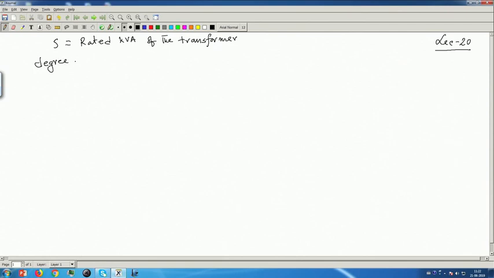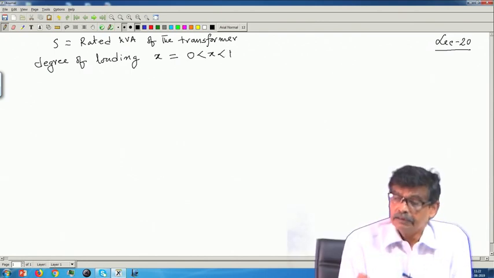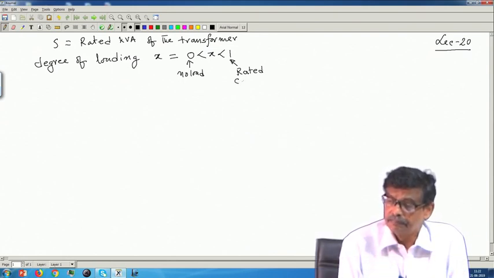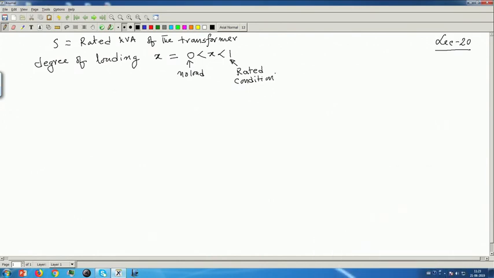I represented it by a factor x, whose value normally will be between 0 and 1. 0 corresponds to no load and 1 corresponds to rated condition. What is rated condition? Rated condition is rated voltage applied and also windings carrying rated current.